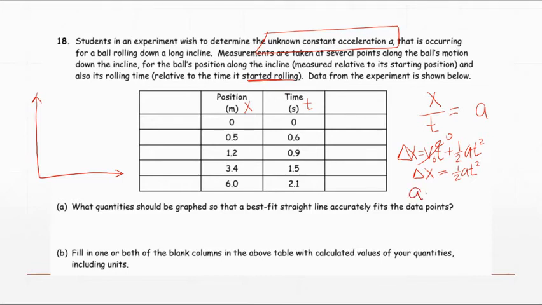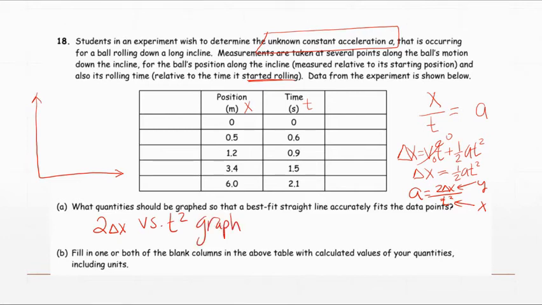So acceleration is equal to 2 times change in x divided by t squared. So if I made this my y value and this my x value, then I should be able to get my slope. So I want to graph 2 times change in x versus a t squared graph.